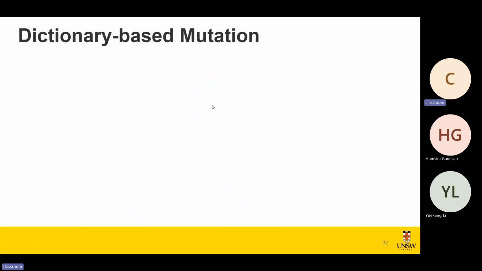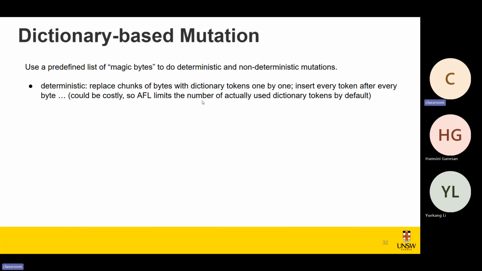And the last mutation strategy is called dictionary-based mutation. It is just to use a predefined list of tokens or magic bytes to perform deterministic or non-deterministic mutations. For AFL, let's say we have a list of tokens and we have a file.